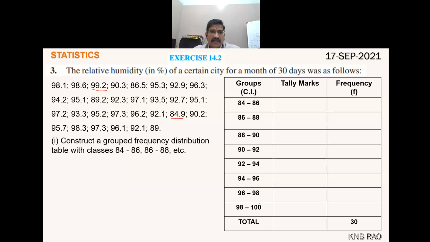We don't have any day with humidity being 100%. So we will now start grouping this data.